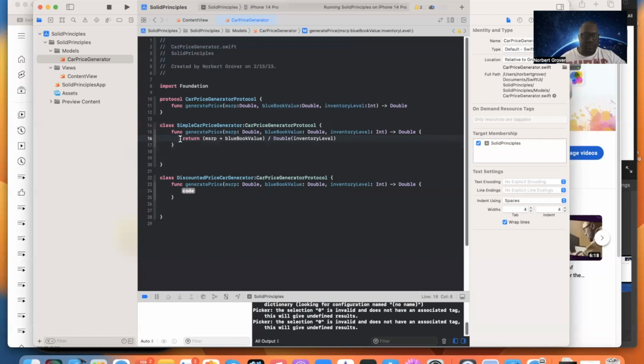For this other one, I'm going to do something similar. This is just to illustrate something. This is not dividing, this is multiplying.